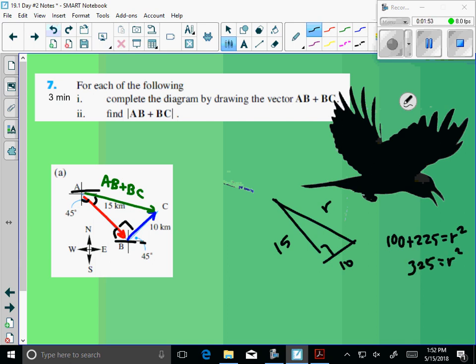If I took the square root of that, 25 goes into that 13 times, I think. So the square root of 25 is 5, and I get 5 root 13 for that distance. So the magnitude in part 2 is 5 root 13.